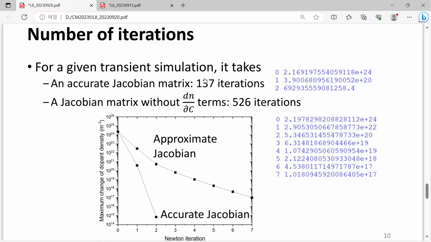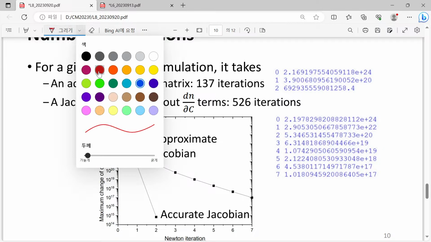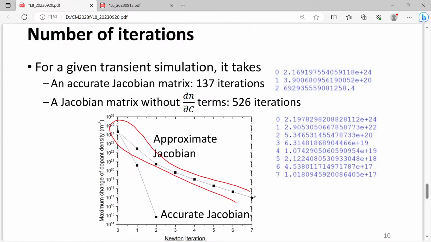Number of iterations. I suggest you first implement your code without considering the dn over dc term. Then if you successfully implement it, this is the expected behavior of your convergence.